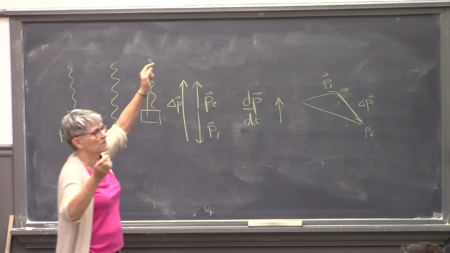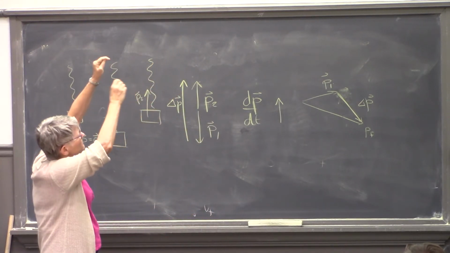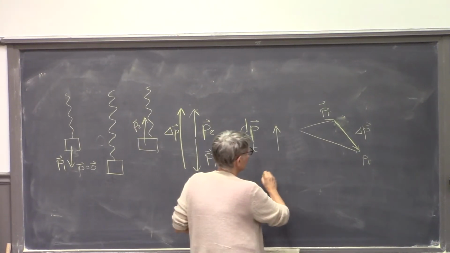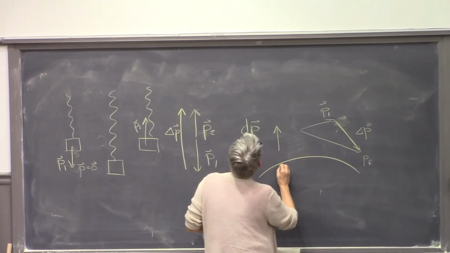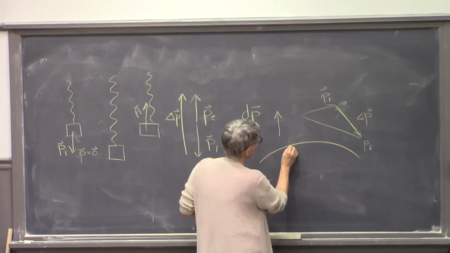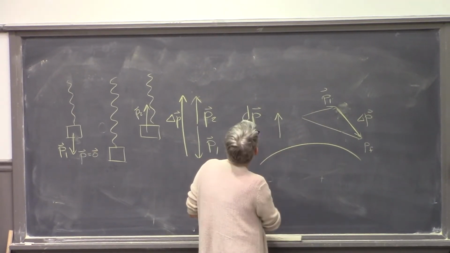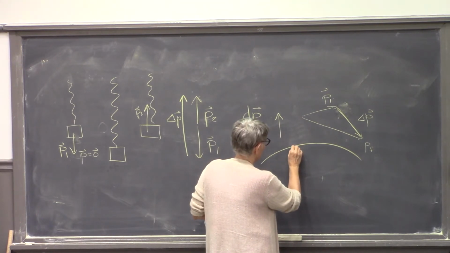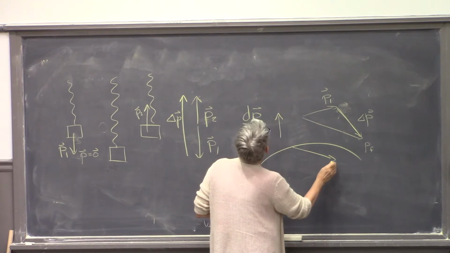So if we bring these vectors closer and closer together, we'd find that dp dt here is kind of like that.